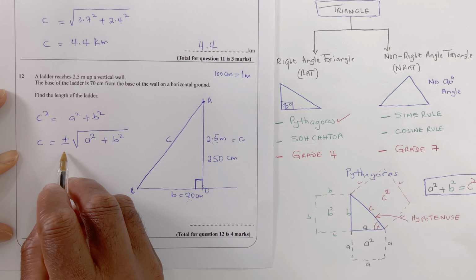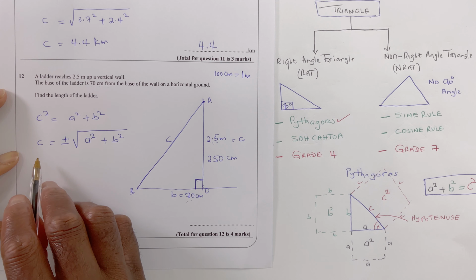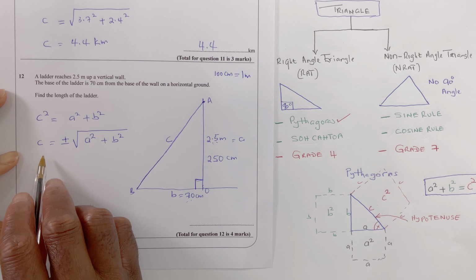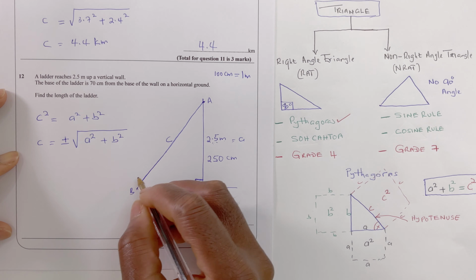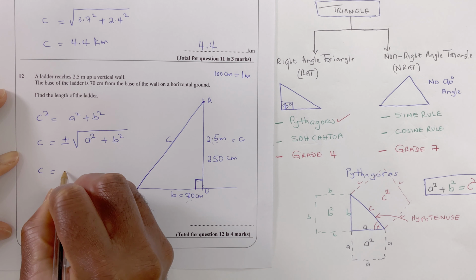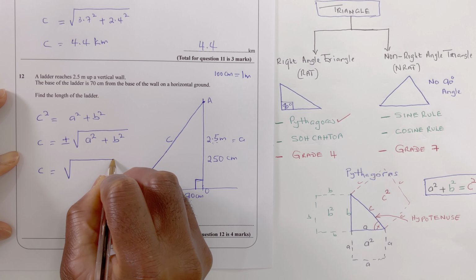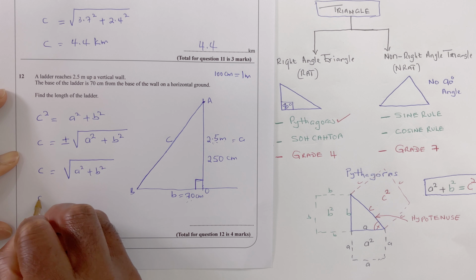It has to be plus or minus. And then how do we find C? C is positive, right? It's a real ladder. You can measure the length. So C has to be just the root of A squared plus B squared.